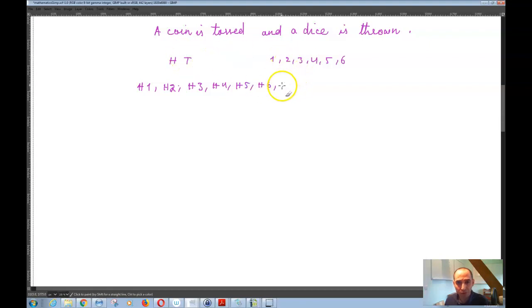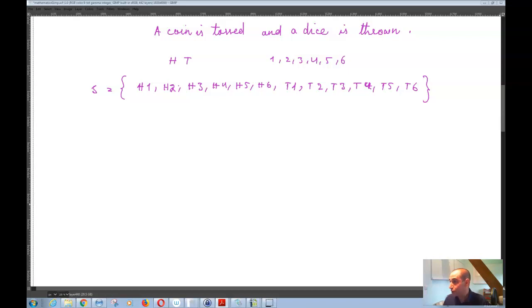Or you could get T1, T2, T3, T4, T5, and T6. So that is your sample space related to this experiment. So H1 through H6 and T1 through T6.